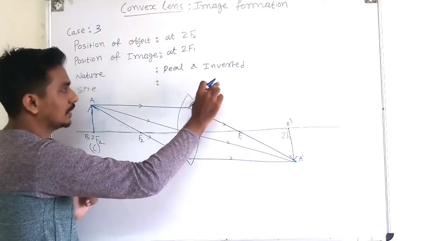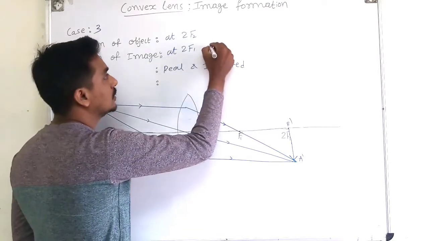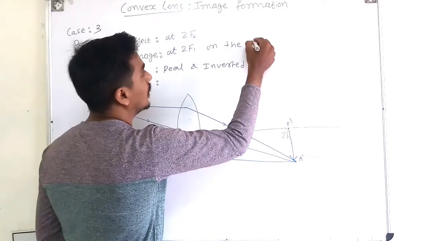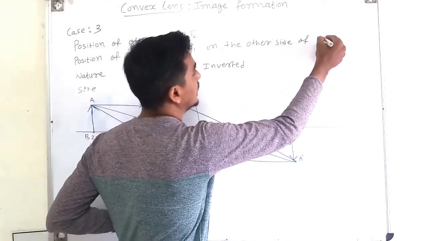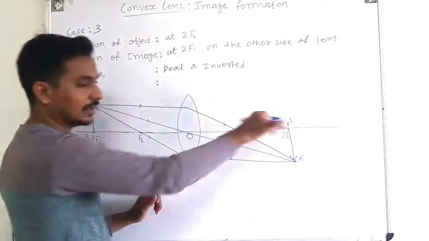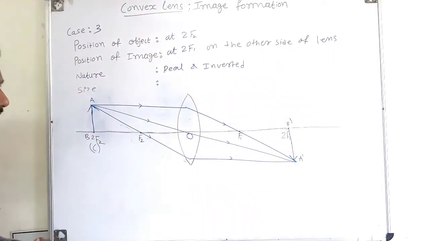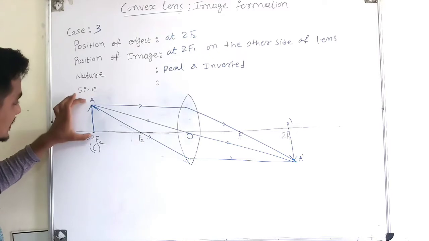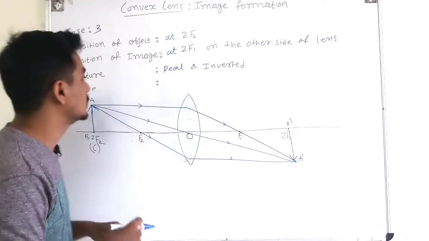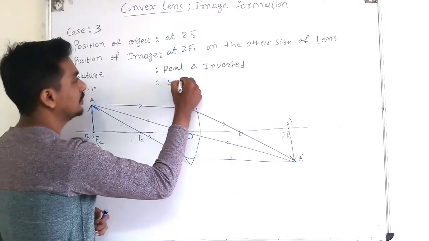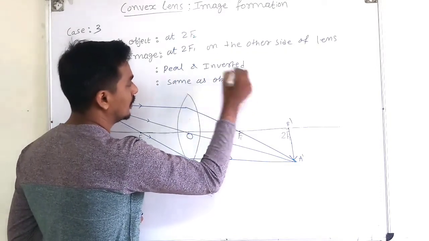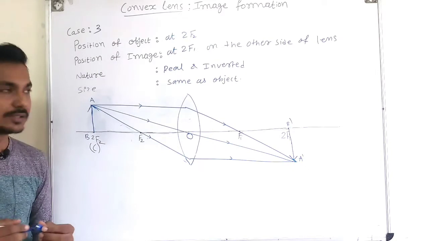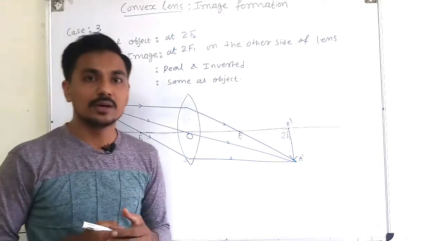So at 2f1 on the other side of the lens, right? On the other side of the lens. And what is the size? The size is similar to the object, so we can say same as the object.